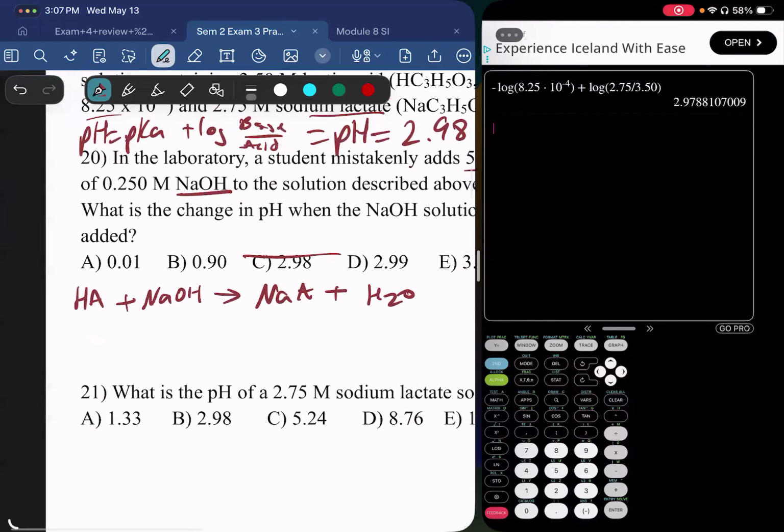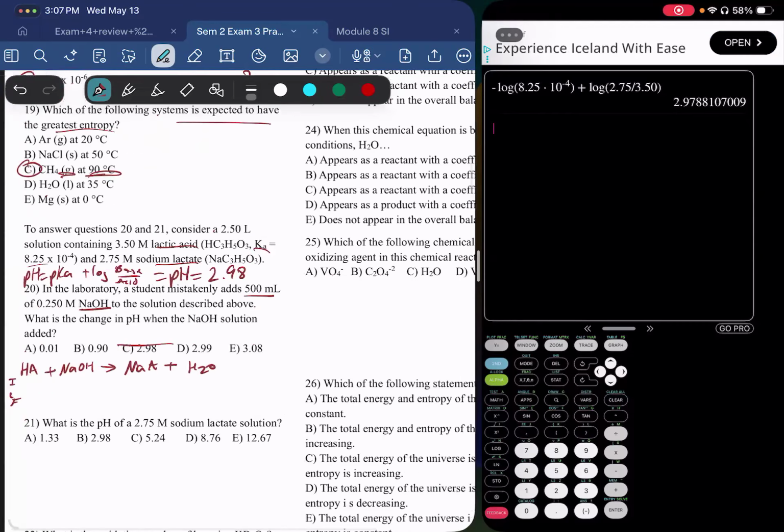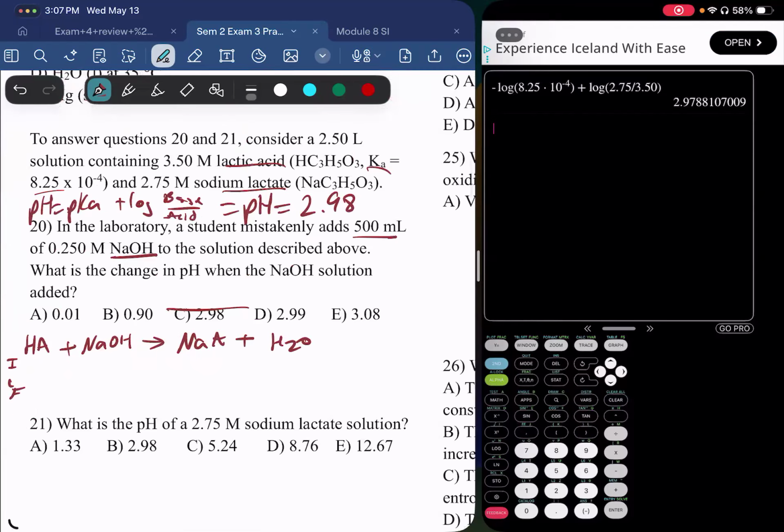And so we need to figure out the moles. The moles of the weak acid is going to be 3.5 times 2.5, so that's 8.75. And then the base is going to be 2.5 times 2.75.